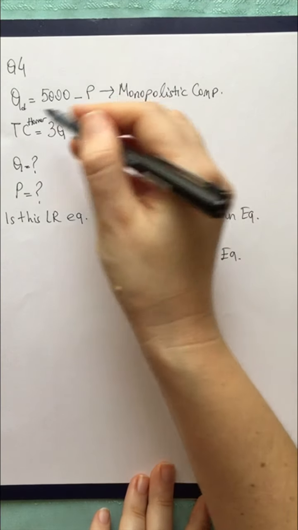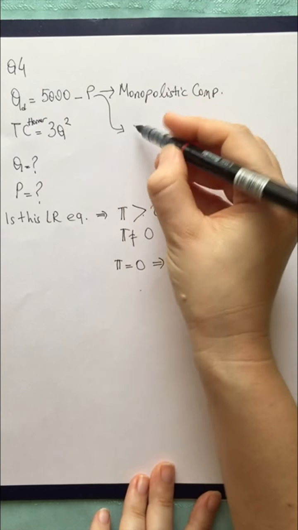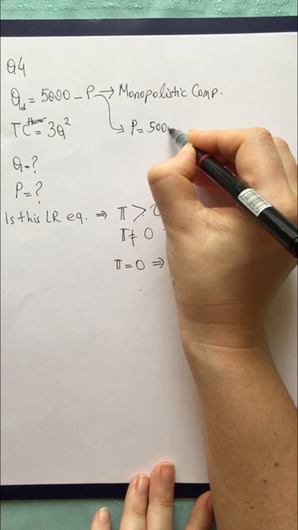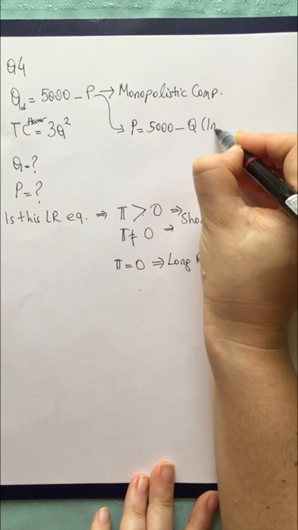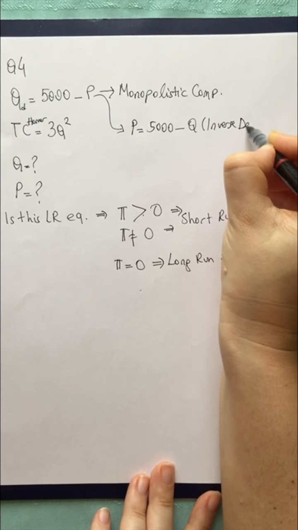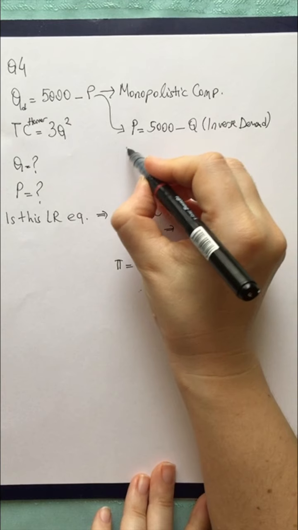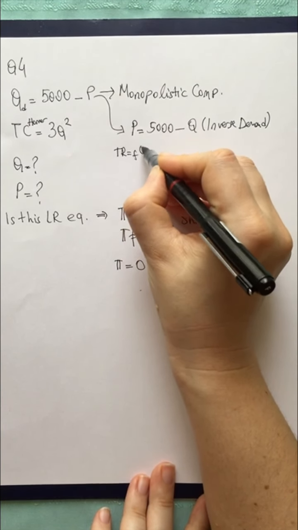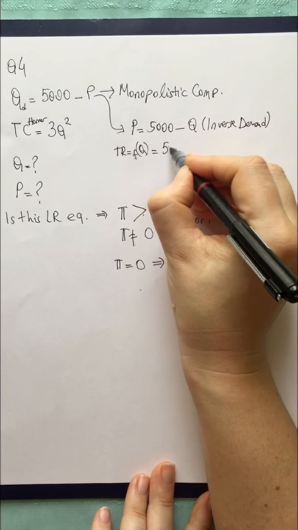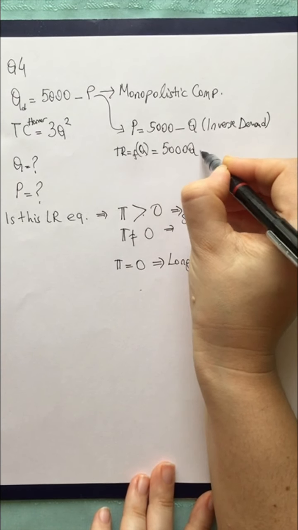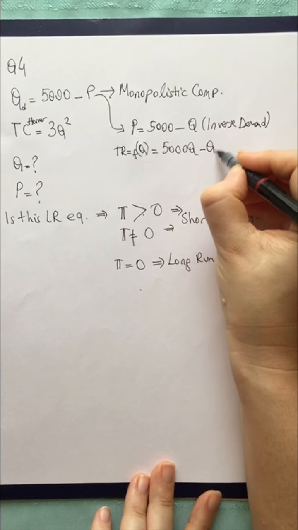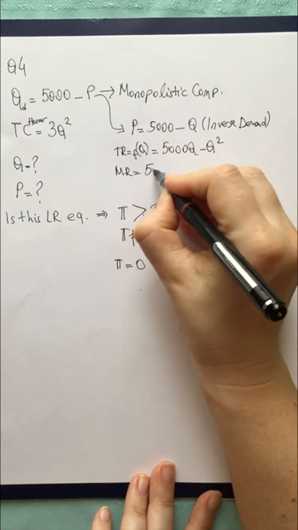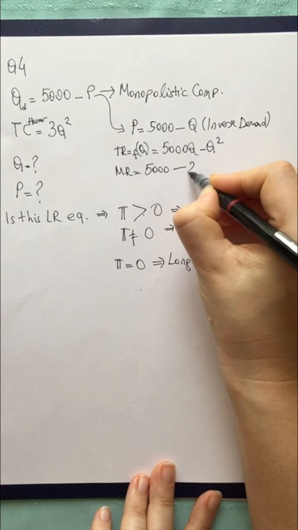Start with the demand function. This is the normal demand. We need to find inverse demand. P equals 5,000 minus Q. That is inverse demand. From here, total revenue as a function of Q is 5,000Q minus Q square, and marginal revenue is 5,000 minus 2Q.